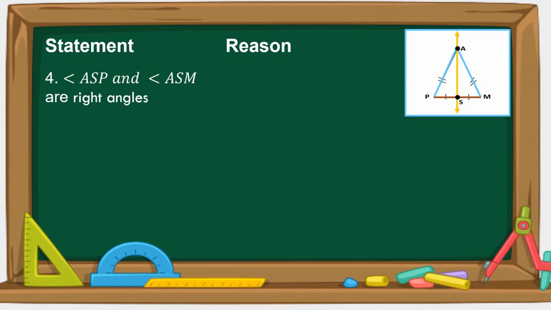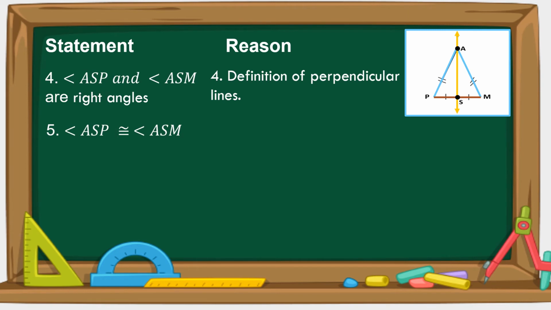For the fourth statement, angle ASP and angle ASM are right angles. Reason, definition of perpendicular lines. Fifth statement, angle ASP is congruent to angle ASM.